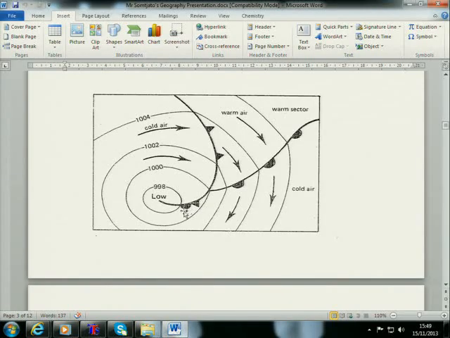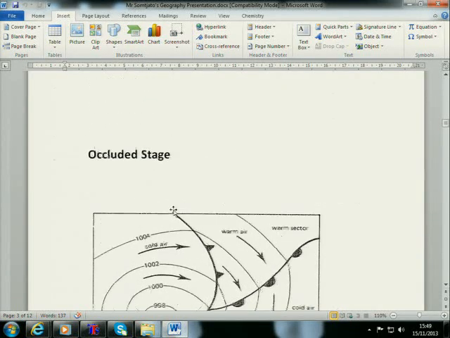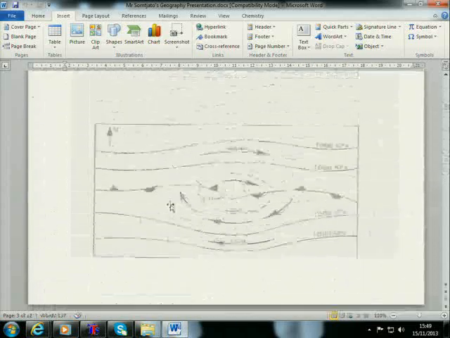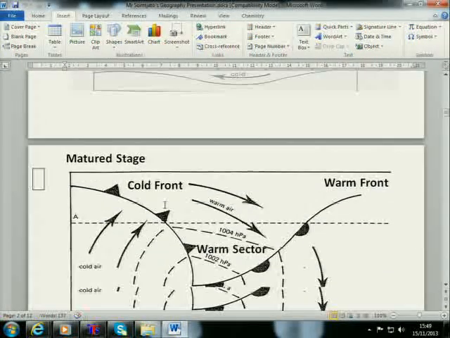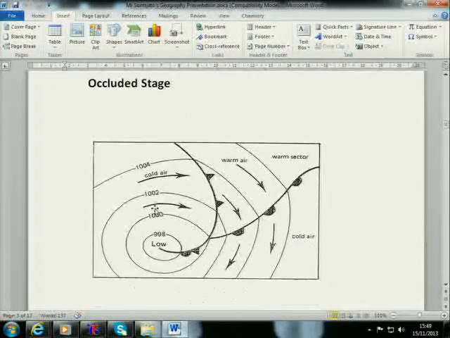Now it is important for the learners not to confuse the different stages of the mid-latitude cyclone: the initial stage, the mature stage, and the occluded stage. Get all the marks that you can from this section, the stages of the mid-latitude cyclone.